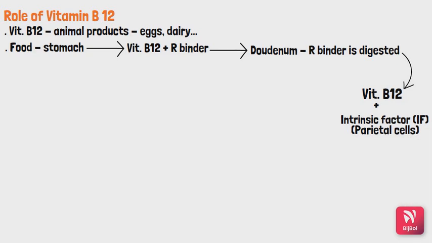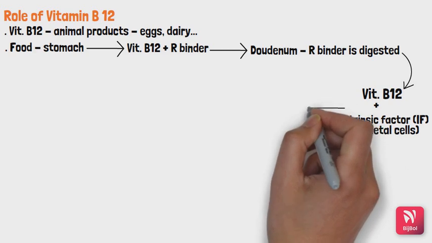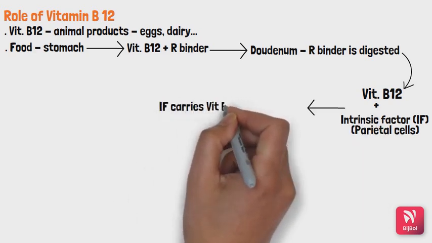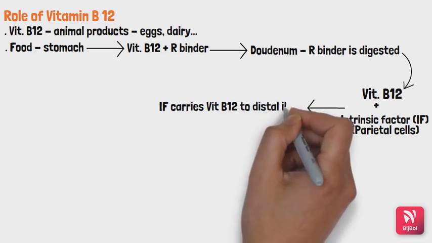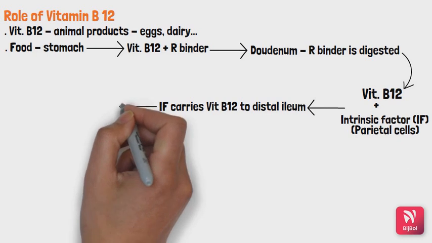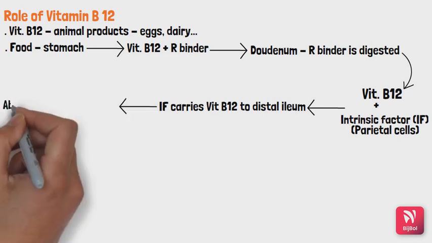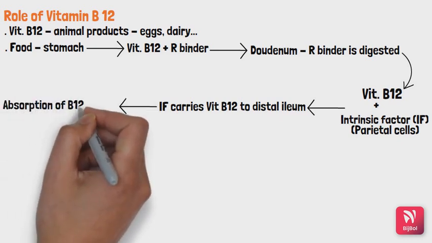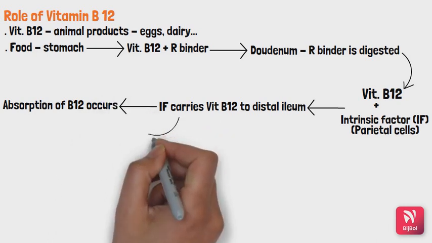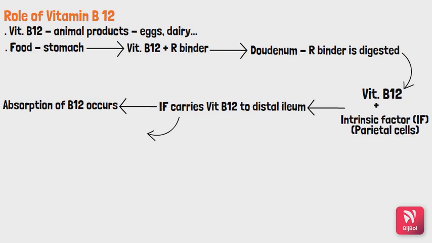This intrinsic factor complexes with vitamin B12 and carries it to the distal ileum, where the vitamin B12 will be absorbed. Once the absorption of vitamin B12 occurs, the intrinsic factor gets destroyed.